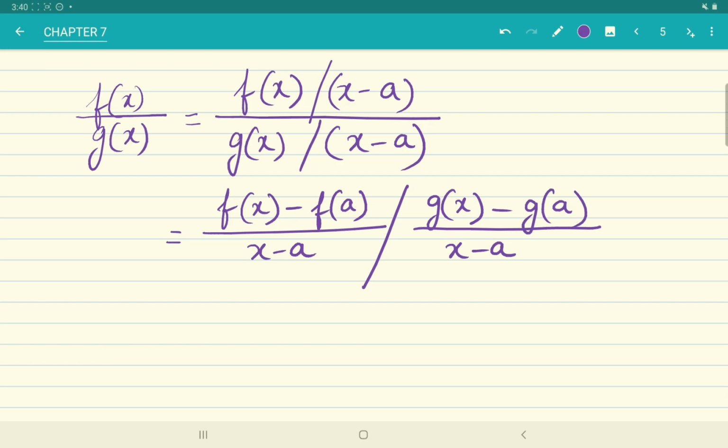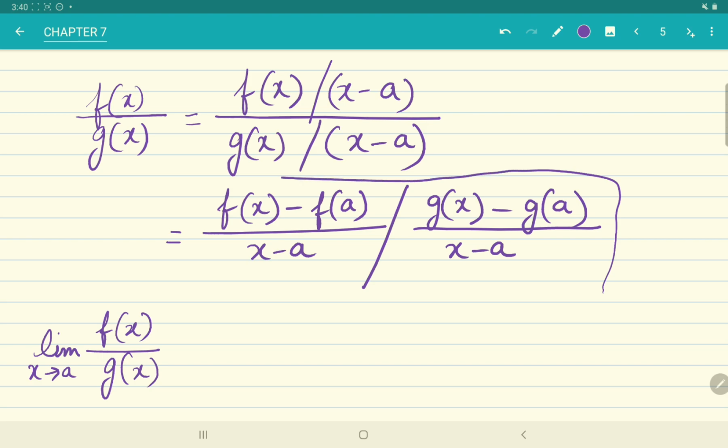Now in this case, I was earlier concerned about the limit as x tends to a of f of x by g of x. And that just means I'm concerned with the limit as x tends to a of this expression. And if we look at the right hand side, that is f of x minus f of a by x minus a, the whole of it divided by g of x minus g of a by x minus a.